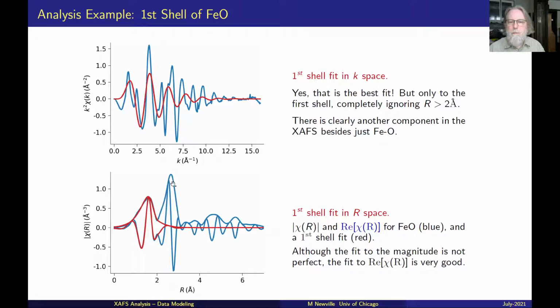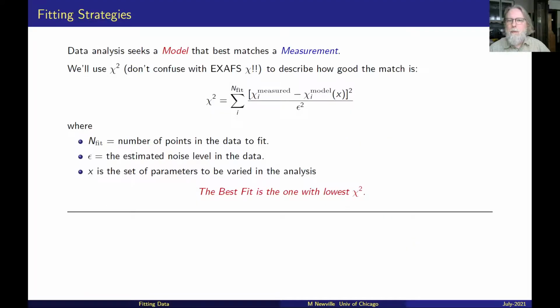Although it's most common to show the magnitude, what we really fit is the real parts, which have oscillations, and we need to match those oscillations correctly. And so the fit here is actually pretty good, and we get parameters that are not too bad, especially considering, I think, the challenges of that data set that we've been playing with.